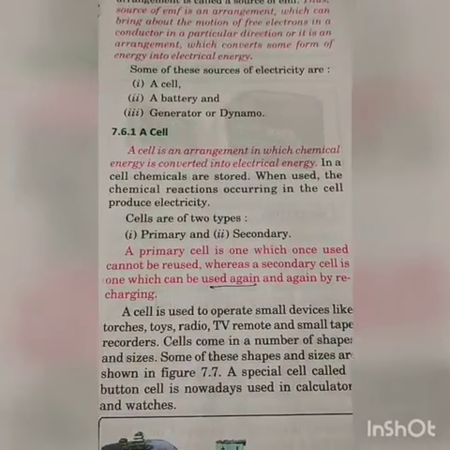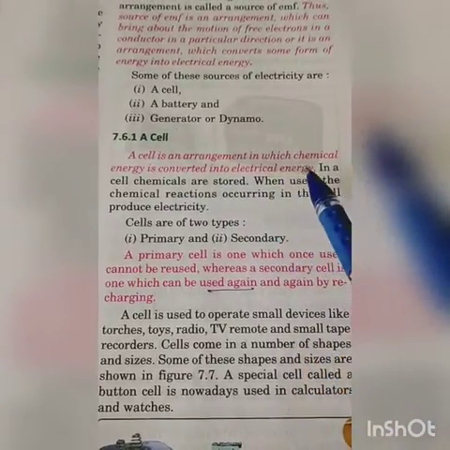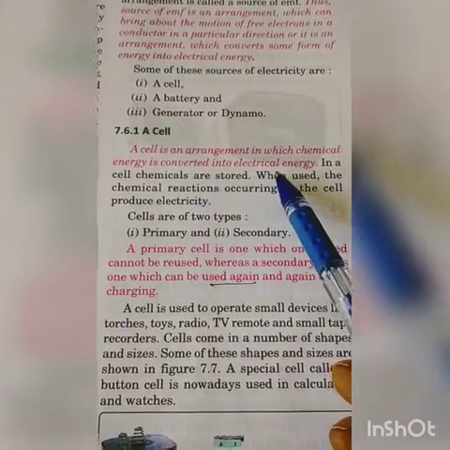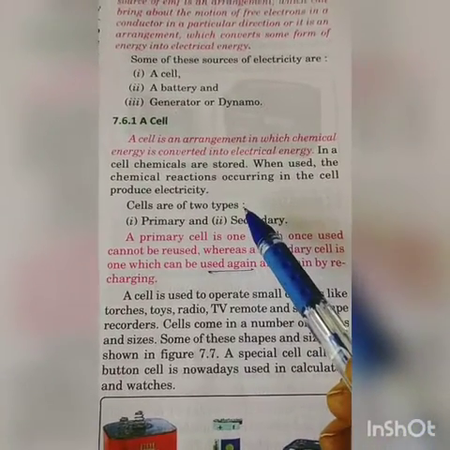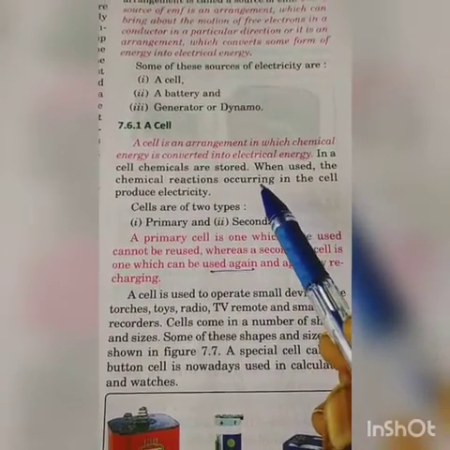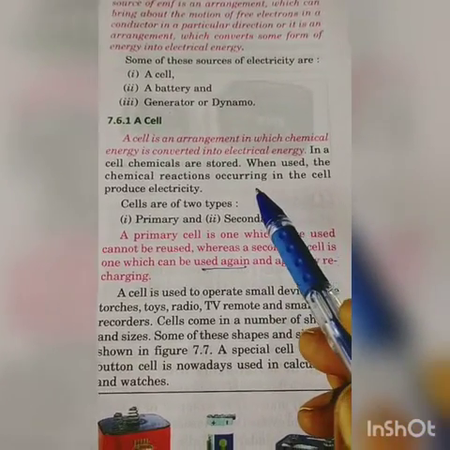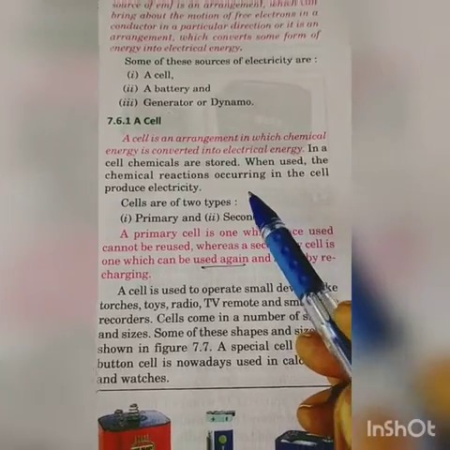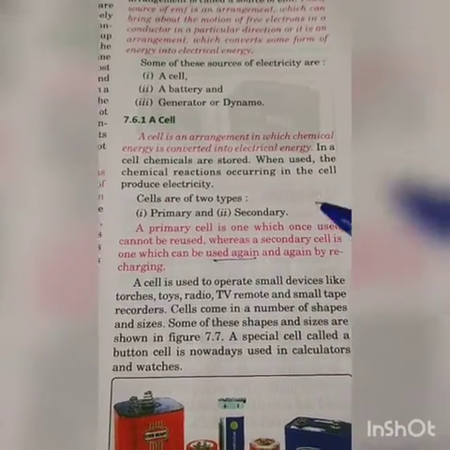What is a cell now? A cell is an arrangement in which chemical energy is converted into electrical energy. So in a cell, a chemical reaction goes on, where electrical energy is produced. In detail, you'll learn in later classes.